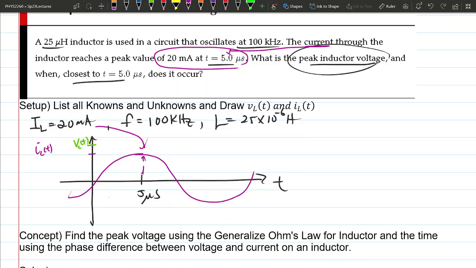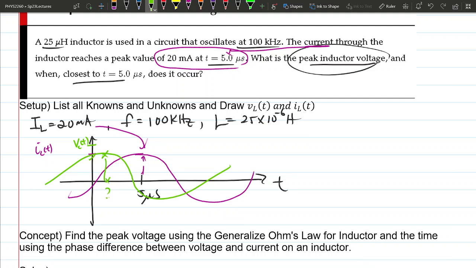So if you draw the wave like this, the voltage reaches its maximum value before the current. That's what leading means. So just be really careful about drawing these graphs, because otherwise it will get you the wrong answer. And I probably just drew it like this also. So part B of the problem is trying to figure out what this time is.